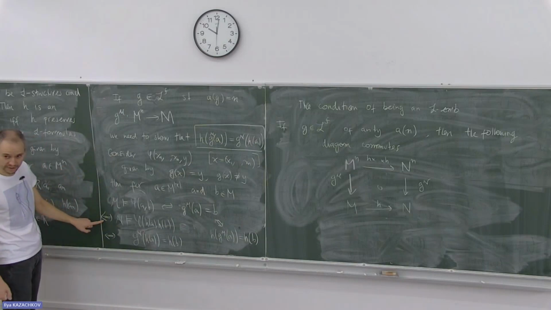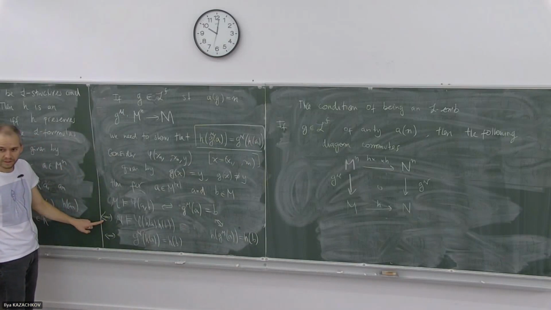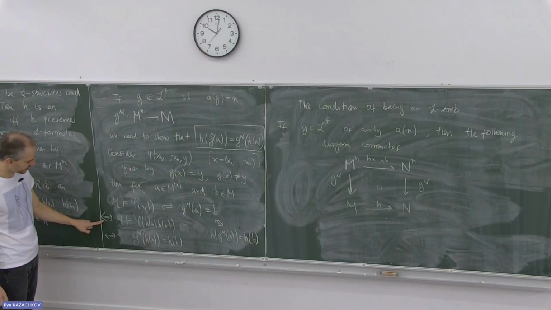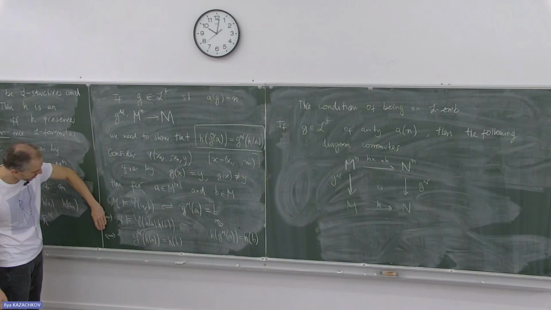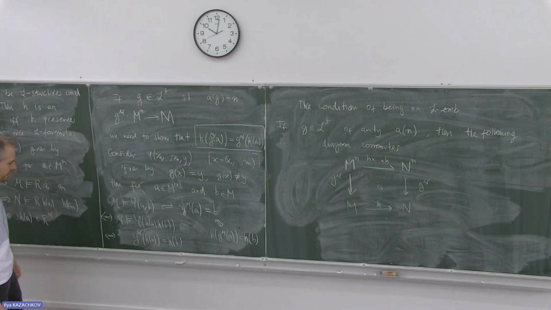Right, but for all A. But it's not for all A, it's only A. Yes, but how do you go? You want to prove, for every A, that formula up there. Then B is not free, B is just the image of A. Perhaps you're right.